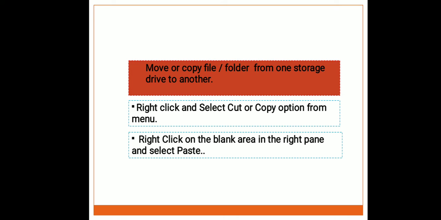So there are two ways: you can right click and select cut or copy from the menu, and then right click on the blank area of the right pane and select paste.